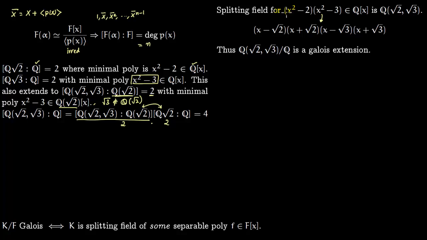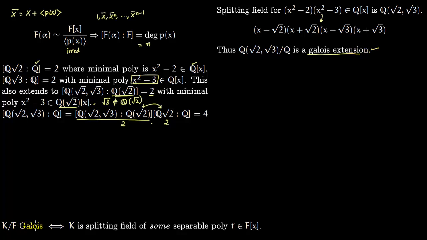So we could not have used the earlier result directly here, because that talks about irreducible polynomials, and this is a product of two irreducible polynomials. Now you can see that this is a separable polynomial because it has distinct roots. Thus the rationals adjoin root 2 and root 3 over the rationals is a Galois extension. This is a Galois extension precisely because of this result here.